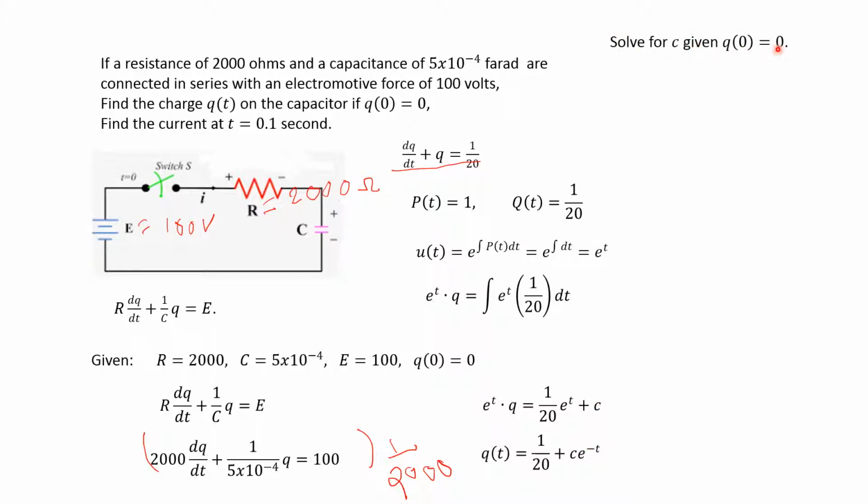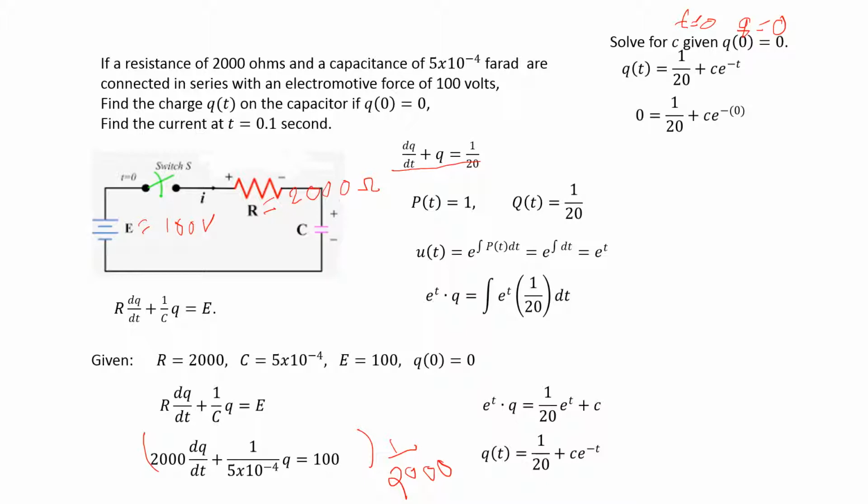Now you have a condition: Q of 0 is 0. That means when t equals 0, your Q is 0. So you can substitute it in this equation.